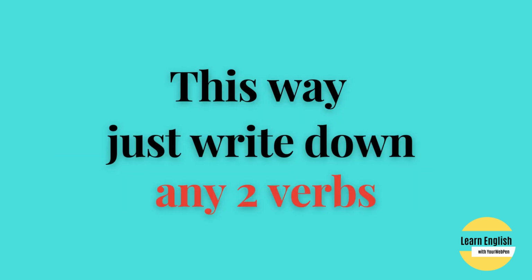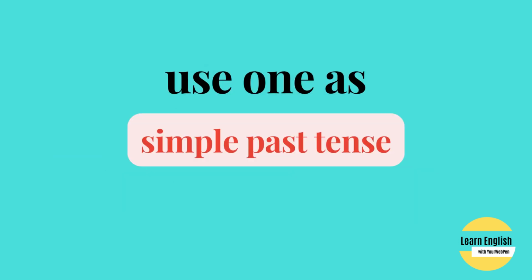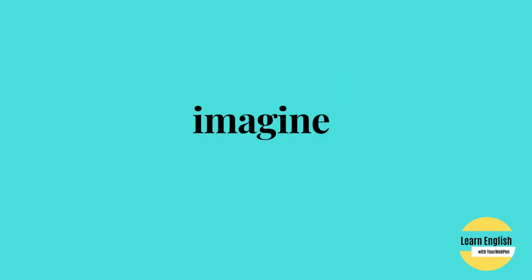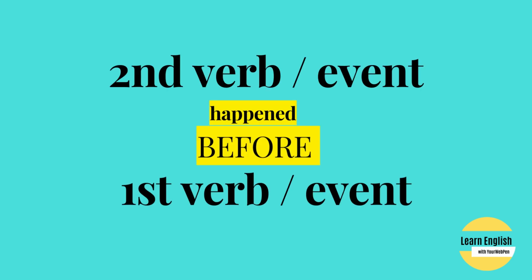This way, just write two verbs, use one as simple past, and use another as past perfect tense. And just imagine that with the second verb, something was completed before the first verb or first event occurred.